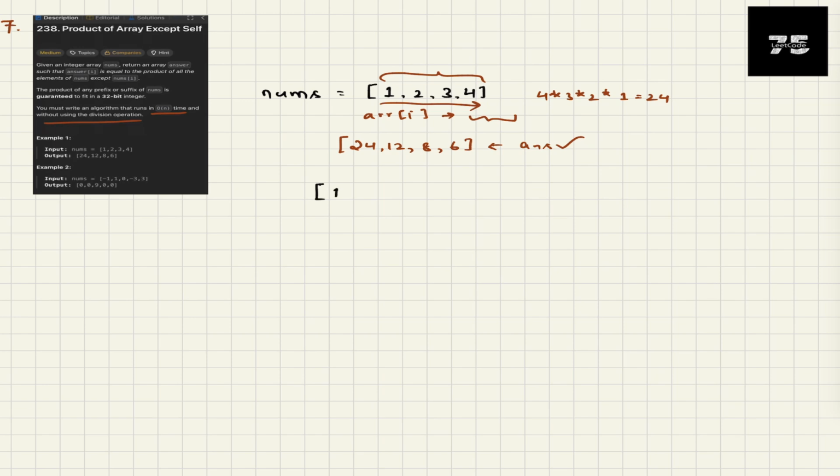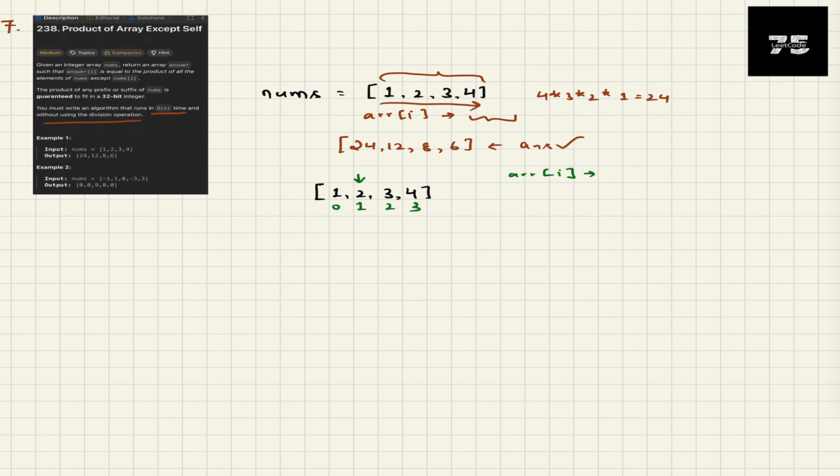So let's say this is 1, 2, 3, 4. Now one thing that I understood while doing this is, what do I need here? Let's say the indices are 0, 1, 2, 3. At index 1, what do I need?